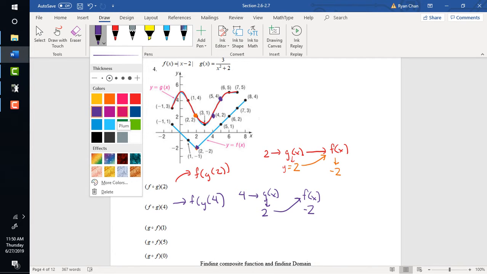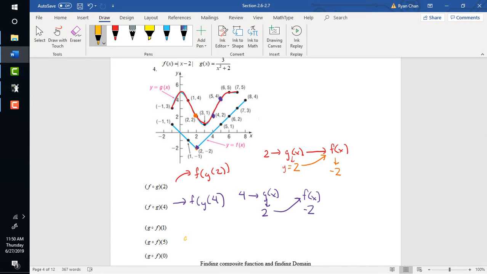And then let's just do one more. Let's look at g of f of 5. I plug 5 in for f of x and get y is equal to 1.